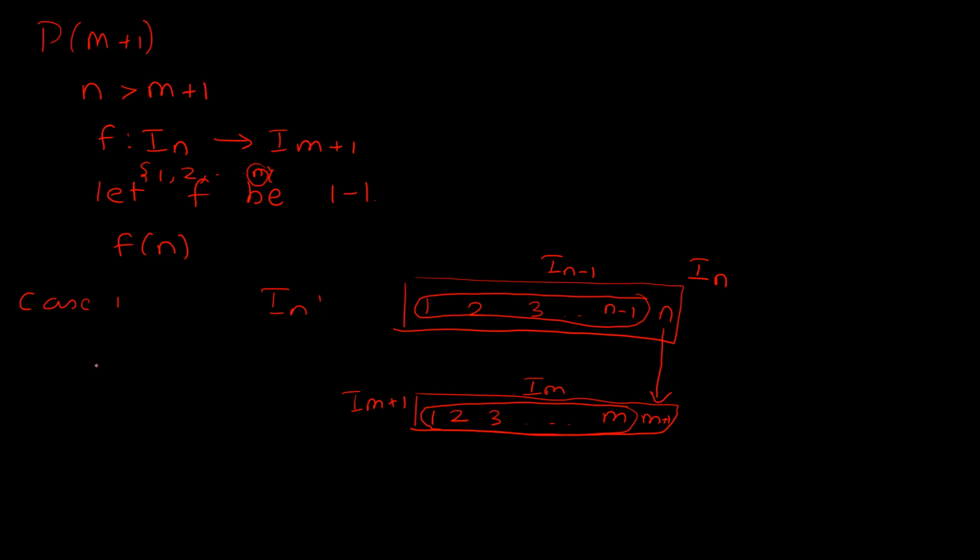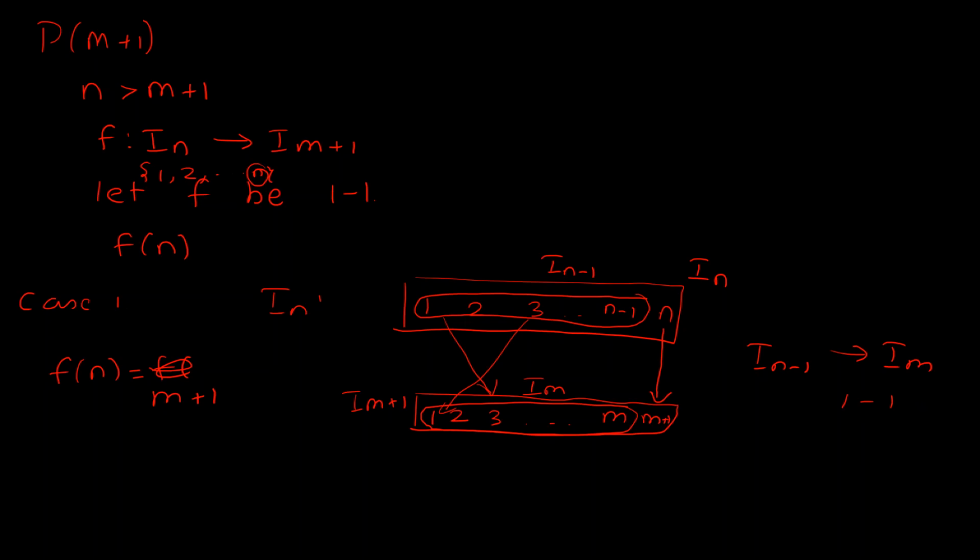So one case is f of n is equal to m plus 1, and all the elements inside have been somehow mapped to I_m. That is, I_(n-1) has been mapped to I_m, and that is 1-1, and n has been mapped to m plus 1.